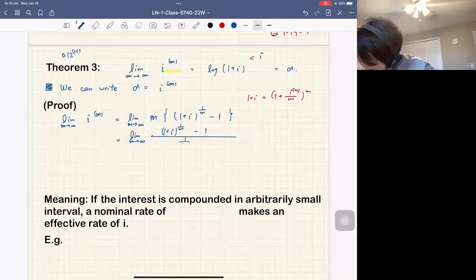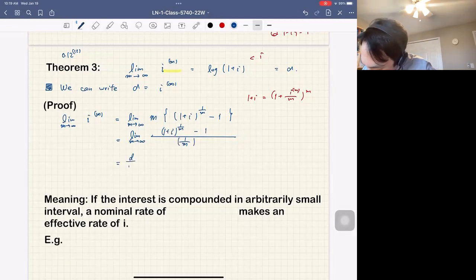Then we put 1 over m here. Then actually this becomes d/dx of (1 plus i) to the power x at x equal to 0. This is because of the definition of derivative.